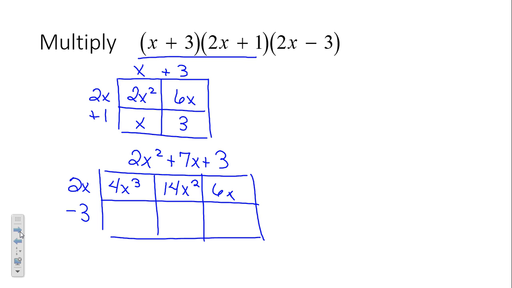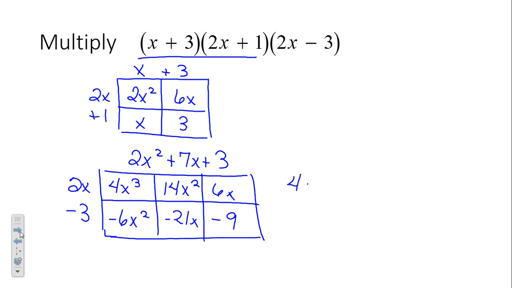And then we're going to take our negative 3 times 2x squared. Good. Negative 3 times 7x, negative 21x, and then negative 3 times positive 3, negative 9.